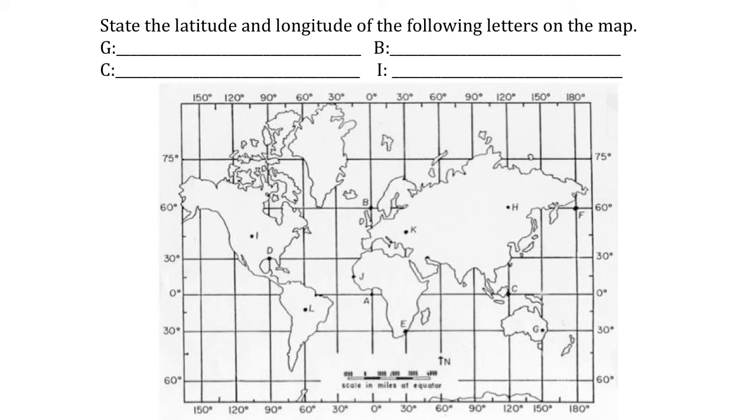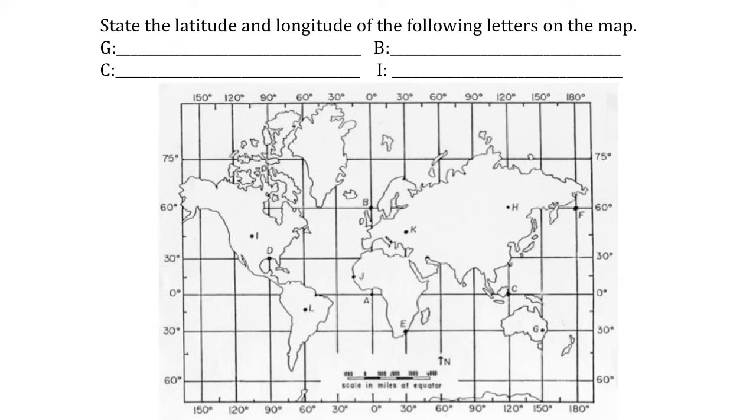Okay, so latitude lines are flat lines. They're always like parallel or level with the ground. That's the way I think of that, right? So the next thing you need to think about is, what is the number for the latitude line that you're on? In this case, the numbers for the latitude lines are always at the end of the lines. Same thing with longitude lines. The numbers are at the ends or the edges of the lines.